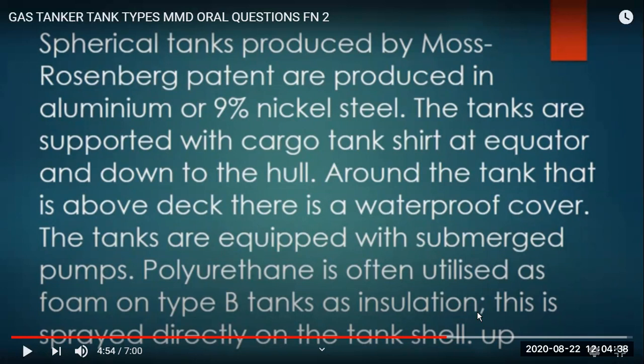We will see that in the figure. This is a Moss tank, and on top there will be a cover to prevent weather exposure. The tanks are equipped with submerged pumps again, and polyurethane is used as type B insulation, which is sprayed when the tank is built up.